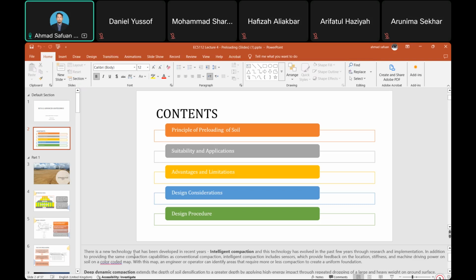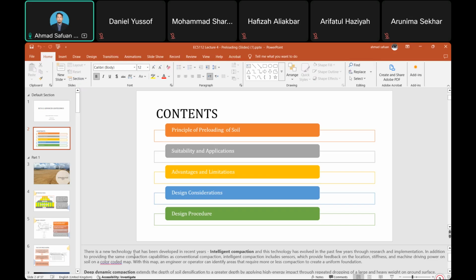With this map, an engineer or operator can identify areas that require more or less compaction to create a uniform foundation scheme. So that is the use of the technology for the compaction approach.